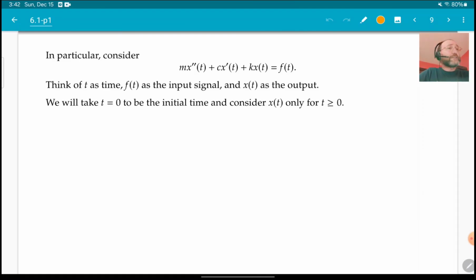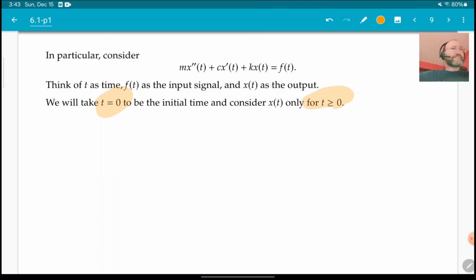We'll take t equals 0 as our starting point. That's the convenient starting point for the way we define the Laplace transform. If your signal is given at some different time, translate everything so that it starts at t equals 0. That's where everything starts, and we're only going to think of positive time.